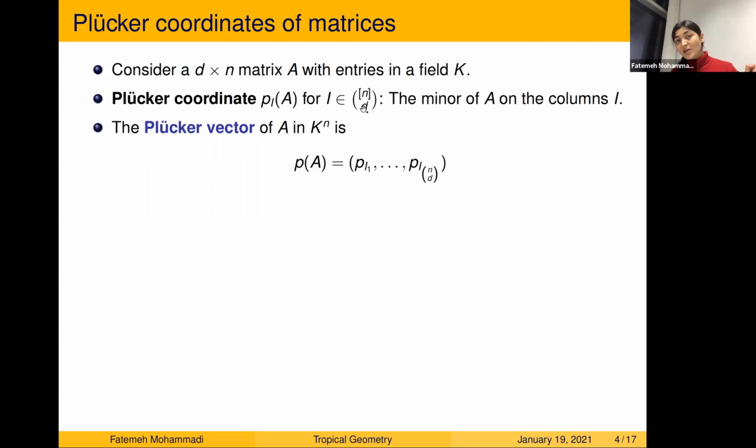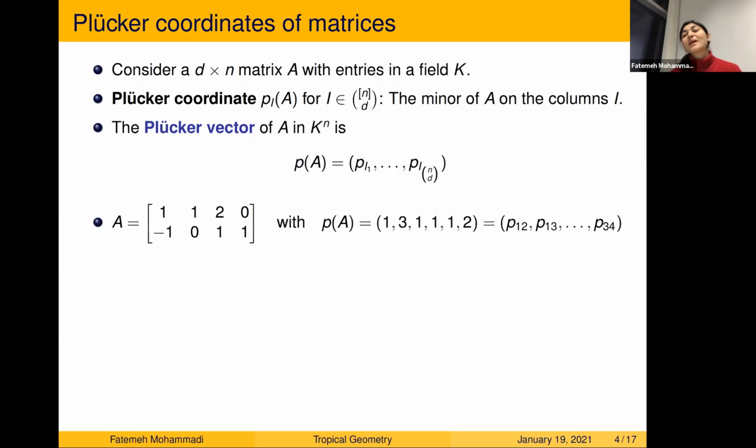So for every d-subset of 1 to n, I'm going to compute these Plūcker coordinates. Having all these n choose d subsets and n choose d coordinates, I'm going to consider a Plūcker vector, which is just the set of all these as a vector, maybe put in lexicographic order. That would be the Plūcker vector of my matrix. Let's see an example here.